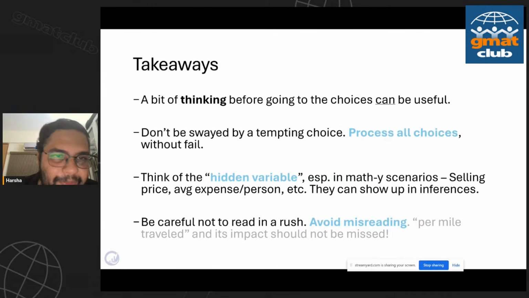Meanwhile, I'm just moving on. Some important takeaways. There are those questions where if you spend a bit of time to think before going to the choices, it can be useful. Somebody who did that analysis would spot choice C instantly. Now, here's another thing. Don't be swayed by a tempting choice. Verbal is really a process of elimination game.